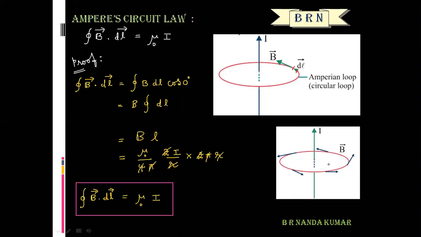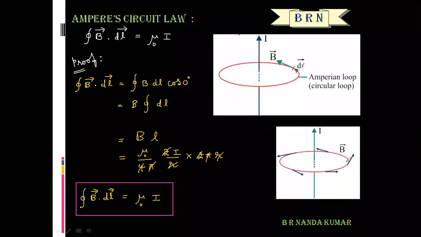So if the magnetic field B vector is directed along the tangent to every point on the perimeter L of a closed curve, and its magnitude is constant along the curve.